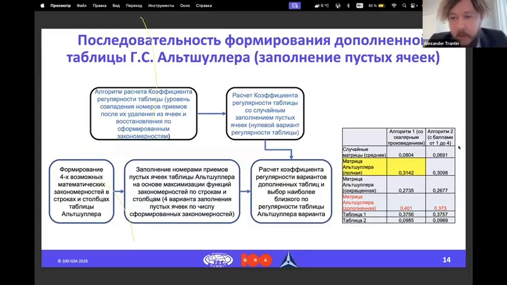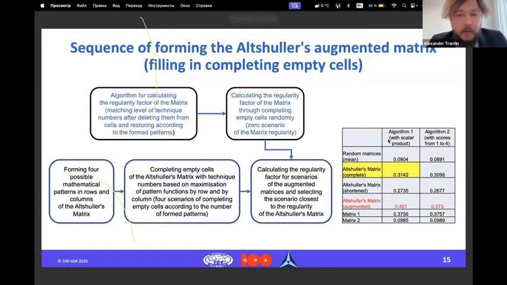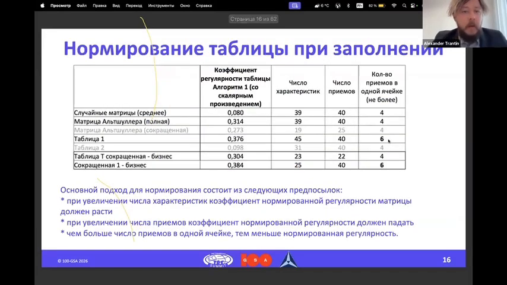As you see, the regularity ratio is less than 1.10, and we found some matrix with very similar effects in terms of the filling of the cells.